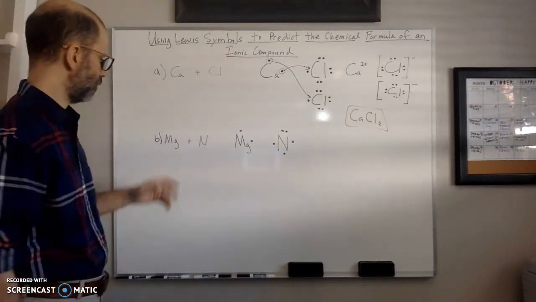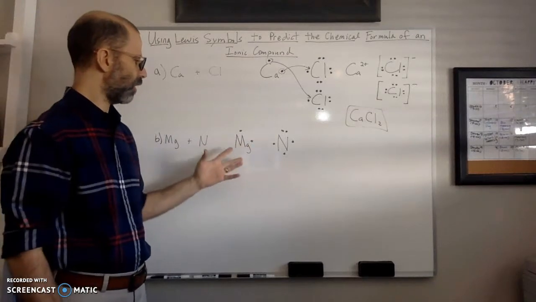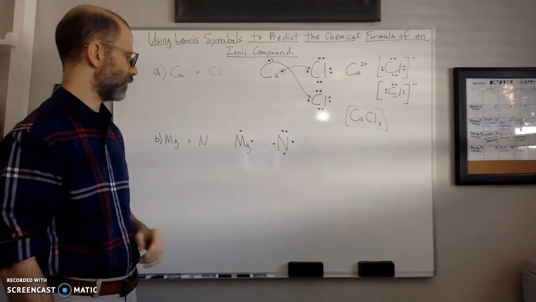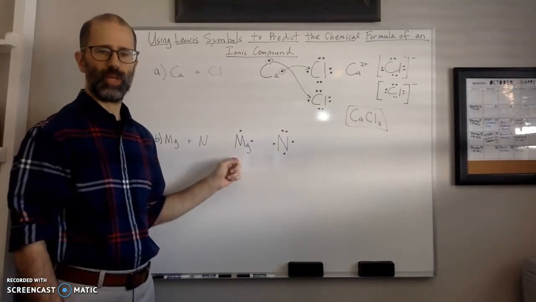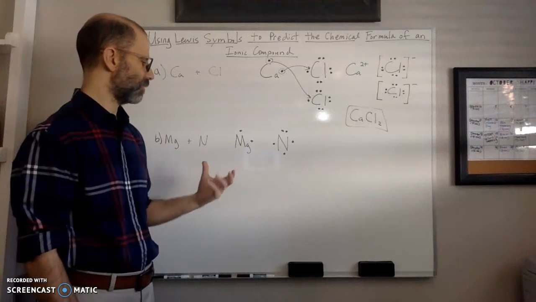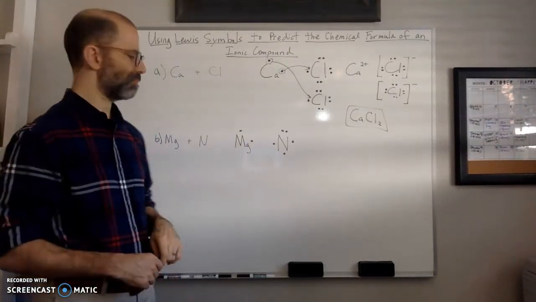So now we're going to figure out the loss and gain of electrons through transfer. So magnesium is a metal. It wants to give away these 2 electrons to have that next full outer shell, the octet rule, and nitrogen wants 3.